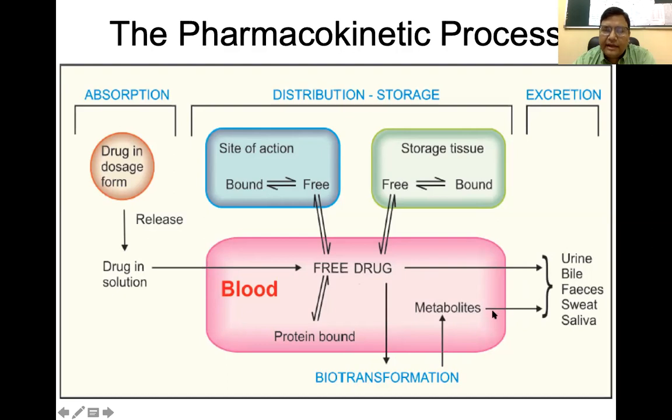That's how the life cycle of a drug goes, right from intake to absorption, distribution, and then excretion in urine, bile, feces, sweat, or saliva. That completes the whole cycle of the different steps a drug undergoes in our body.